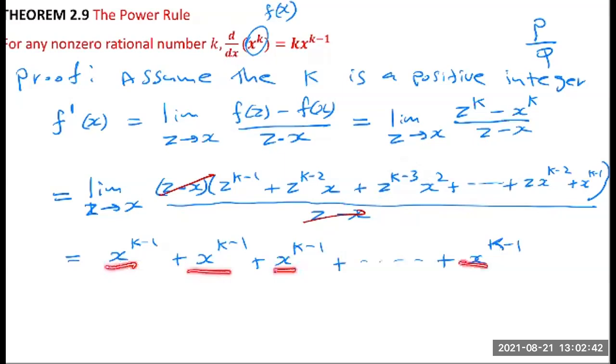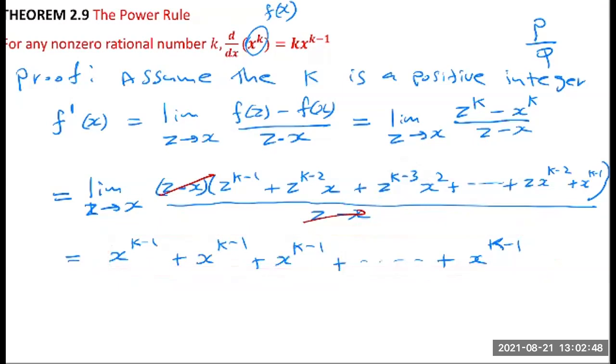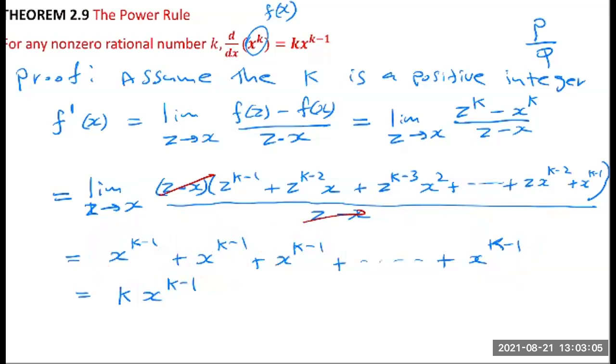How many do you have here? There are k of them, because there are k terms here. So the answer should be k times x to the power k minus 1. So that completes the proof.